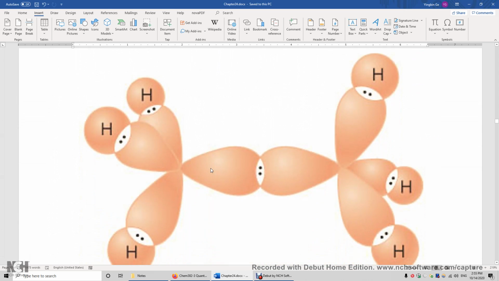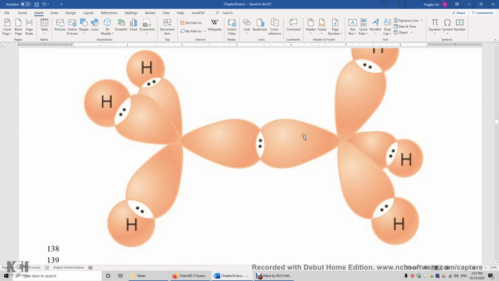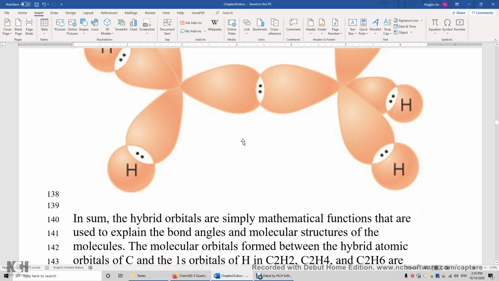Now I'm going to show you the bonding structure of the ethane molecule. Each carbon has 4 sp3 hybrid orbitals, and each of the 4 sp3 hybrid orbitals forms a sigma bond. 3 with these hydrogen atoms and 1 with the other carbon.